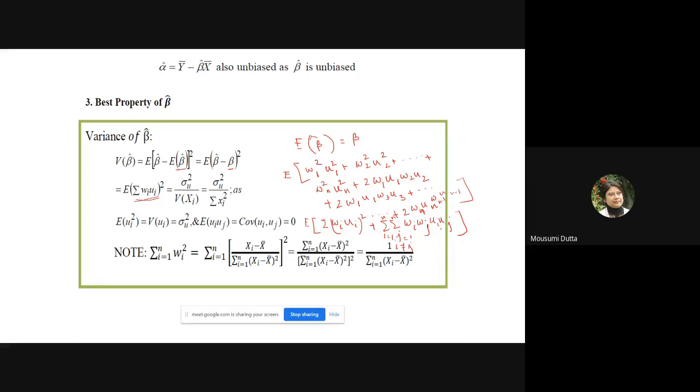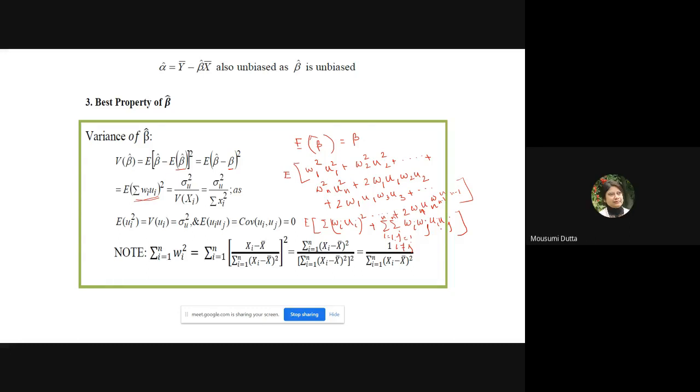Everybody? Expectation of summation wi ui whole square, can we present this in this format? Expectation of summation wi ui square plus double summation i is equal to 1 to n, j is equal to 1 to n, i not equal to j, wi wj ui uj. Is it okay? Is it acceptable? Yes, ma'am.